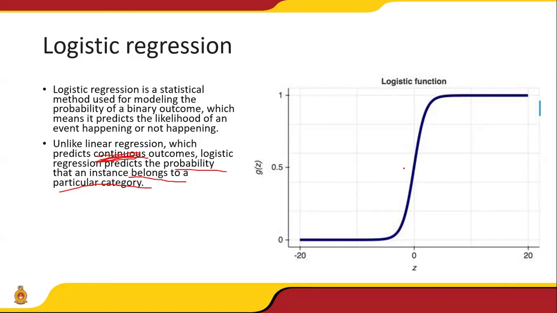Again, I'll explain. Now we have two scenarios. One scenario is people who survived, and the other is people who did not survive. If you have a data set and you want to predict whether this person survived or not, you can use logistic regression. I'll ask the same question again.